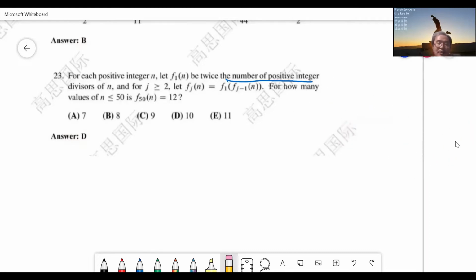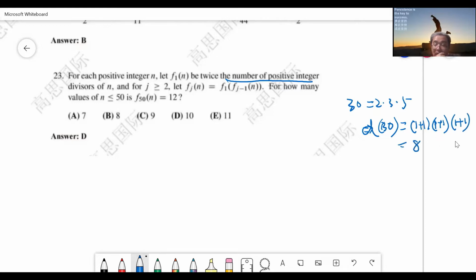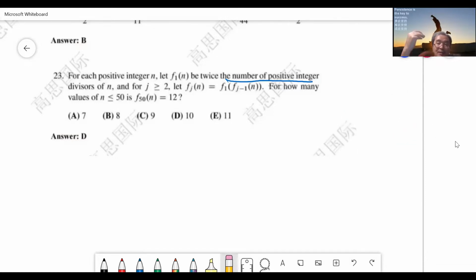Let's look at another example, 30. 30 equals 2 times 3 times 5. We call d of 30 the number of divisors, which equals 1 plus 1 times 1 plus 1 times 1 plus 1, that is 2 times 2 times 2, 8 divisors. So first, we needed to review this basic concept.